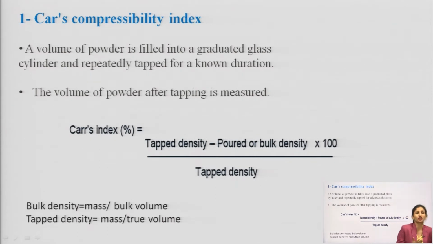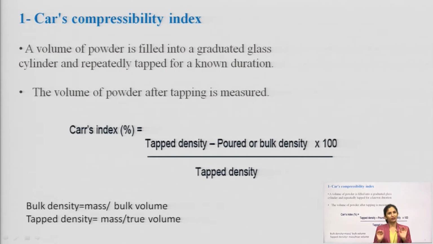For the determination of powder flow property, the first parameter is the Carr's compressibility index. For the determination of Carr's compressibility index, we have to know the tap density and bulk density of the powder. And how will you determine the tap density and bulk density of the powder? We already discussed in our previous lecture.